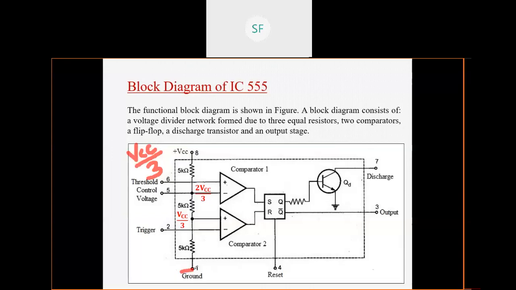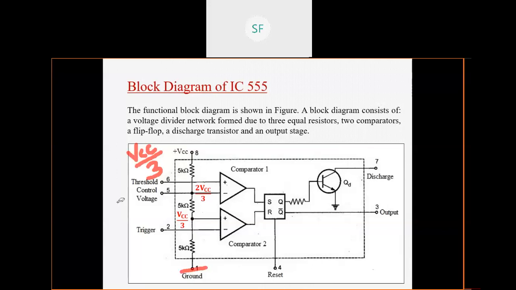Now, if I measure this voltage with respect to ground, that means I make one point ground and measure the voltage from this point to this point, what will this voltage be?